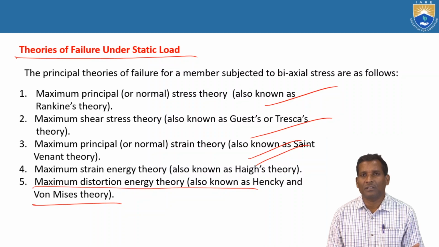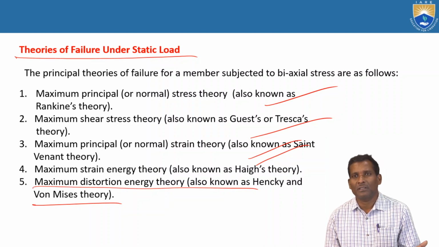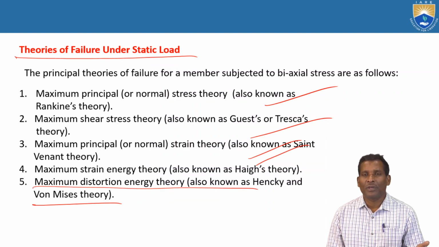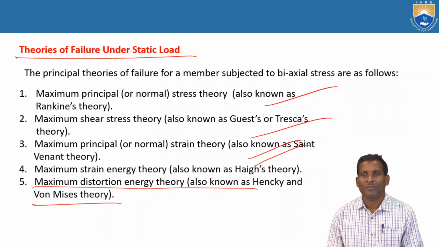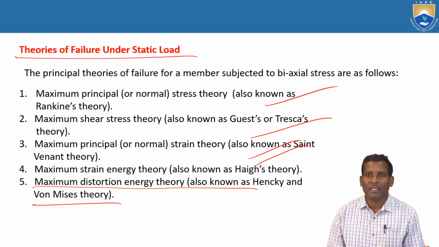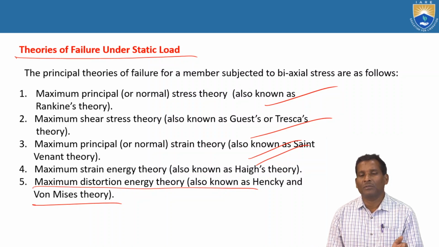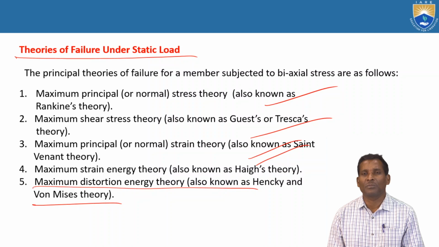According to the maximum principal stress theory, Rankine's theory, whenever the component is subjected to tensile load or normal stress, the failure occurs at a yield point less than or equal to the yield condition in a simple tension test.